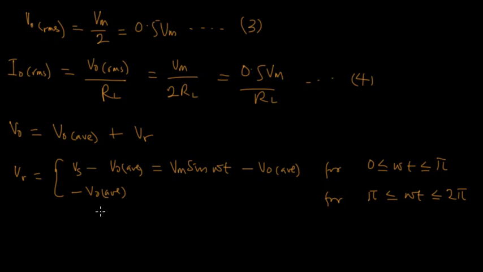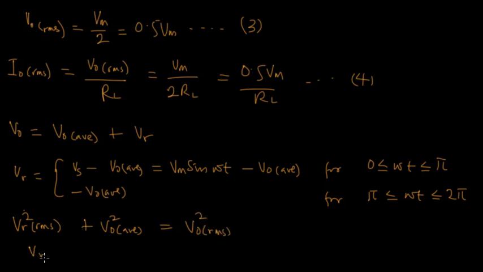So the RMS ripple voltage, Vr RMS, can be given as Vr RMS square plus Vout average square is equal to Vout RMS square.